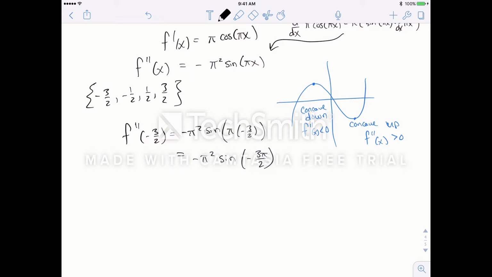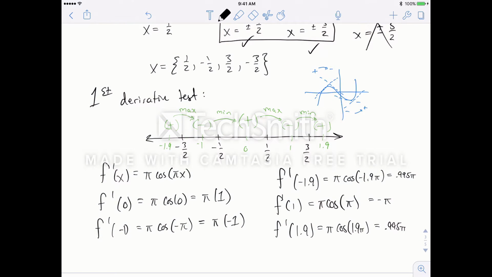And at negative 3 pi over 2, sine should be 1. So we have negative pi squared, which is of course less than 0. So at x equals negative 3/2, the second derivative is negative, which means we should have a local maximum. Let's see if that corresponds to what we have up here, and in fact, it does.